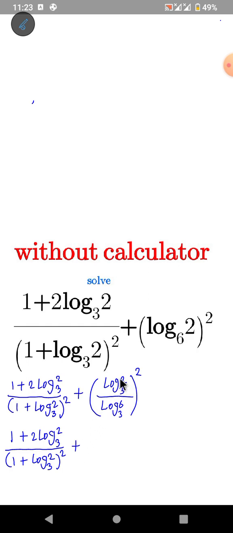Now I'm going to separate the numerator from the denominator here, and I'm going to do it this way. So we say bracket log 2 base 3, close the bracket and all square, all over.